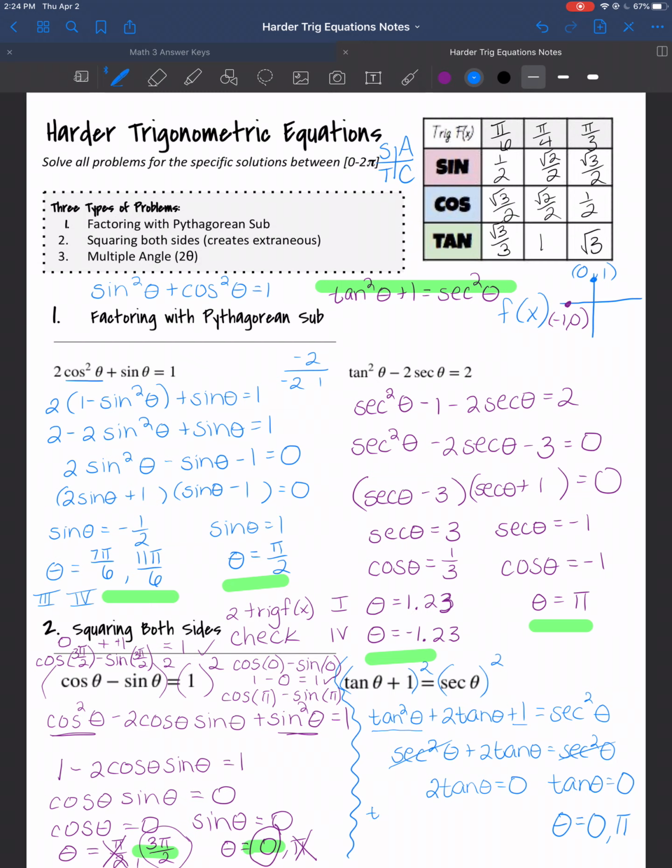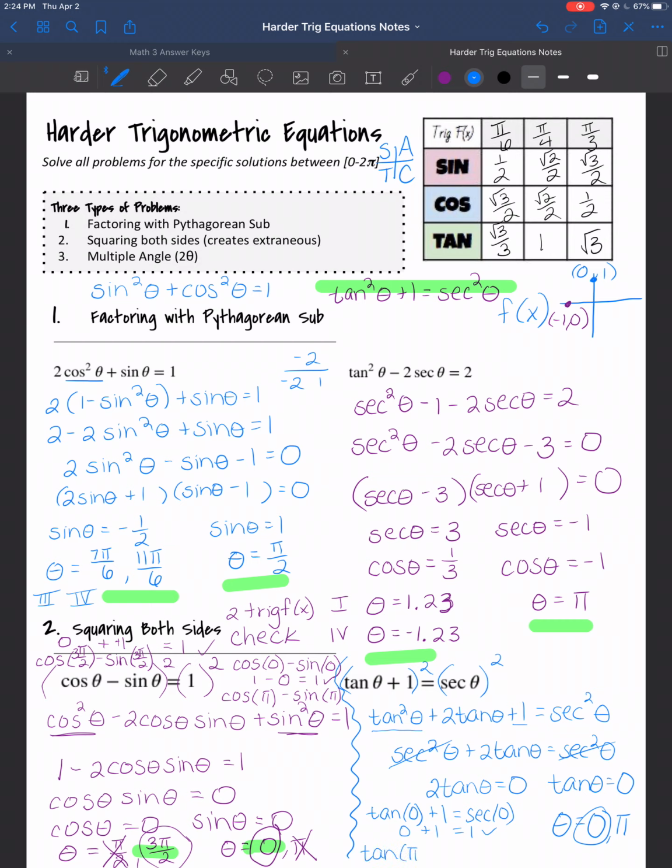So tangent of 0 plus 1, is that equal to secant of 0? Tangent of 0 is 0. Secant of 0 would be 1 over the cosine. Cosine of 0 is 1, so 1 over 1 is 1. So 0 works out. Let's try pi.